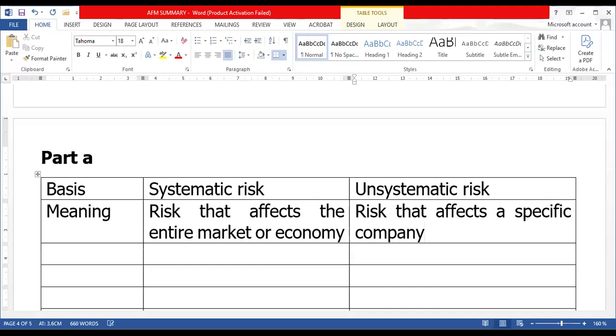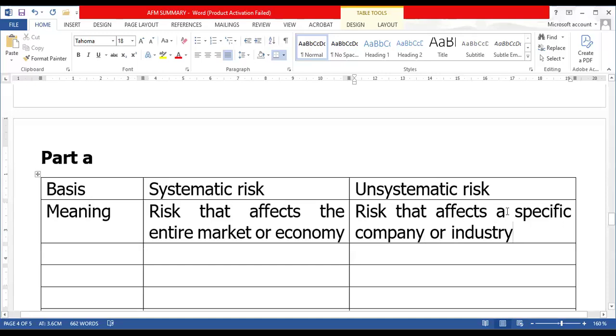Here you are looking at a single company. But systematic risk will affect all companies within that sector. When it is unsystematic, you're looking at a specific industry or a specific company.